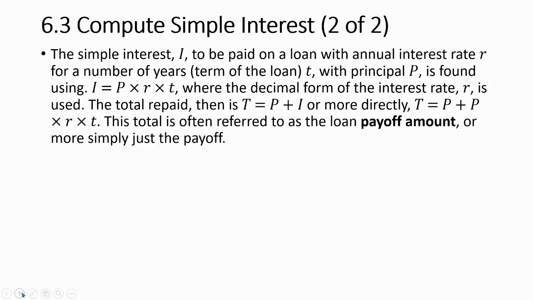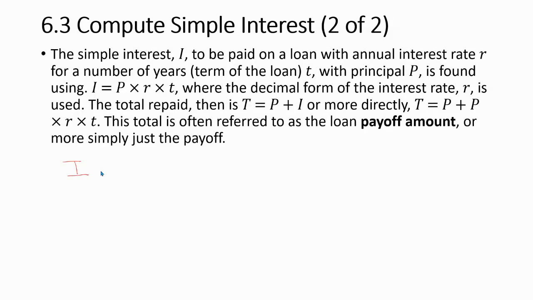When we are doing these calculations, we have to use variables because it's so unwieldy to constantly write interest, interest, interest. So we just use I for simple interest.